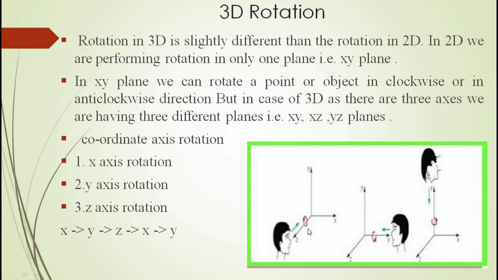Suppose this is the object and it is rotated in an anti-clockwise direction. So in this plane, Z is equal to 1 and only the X and Y values change.